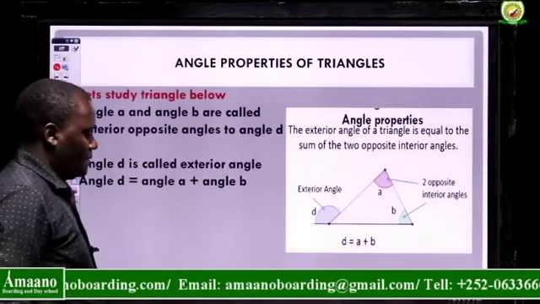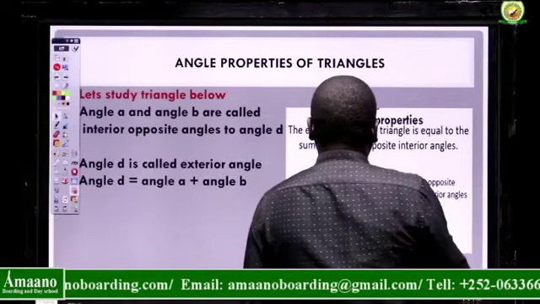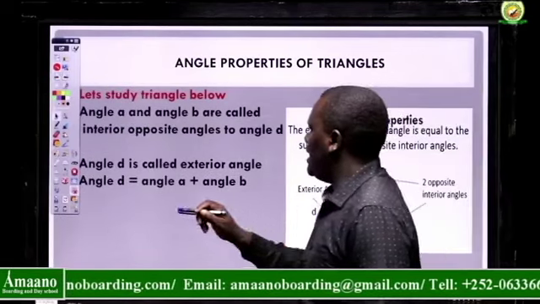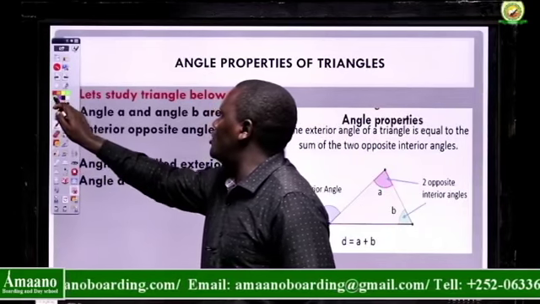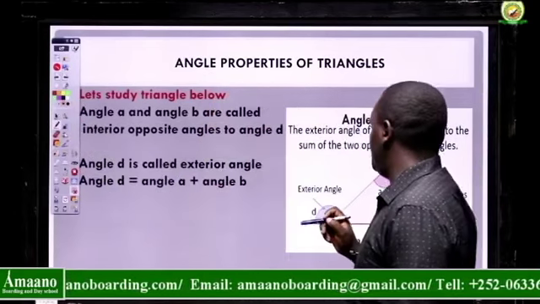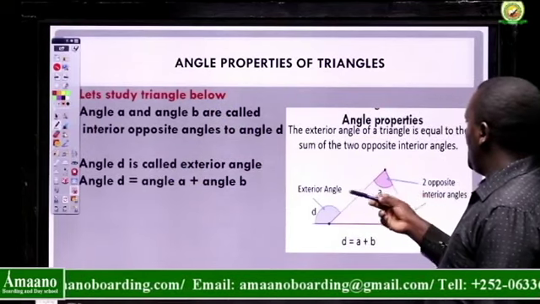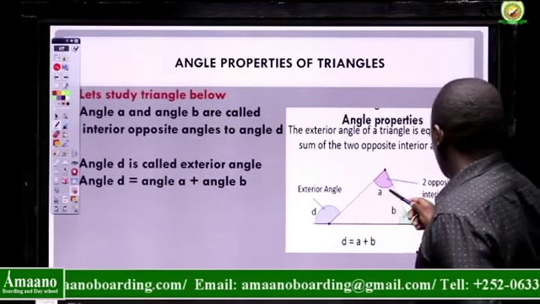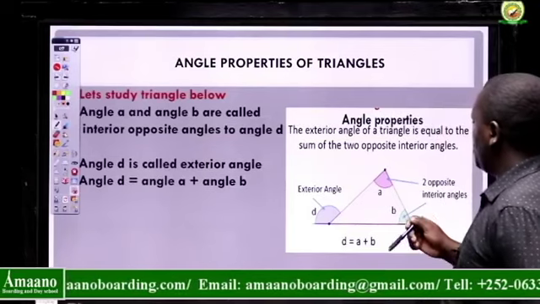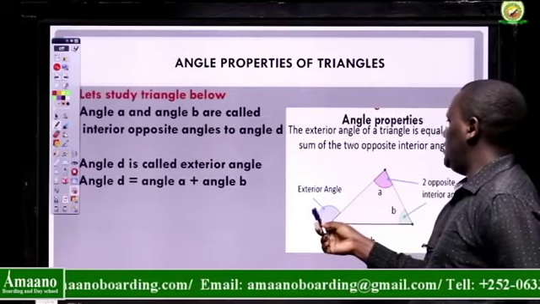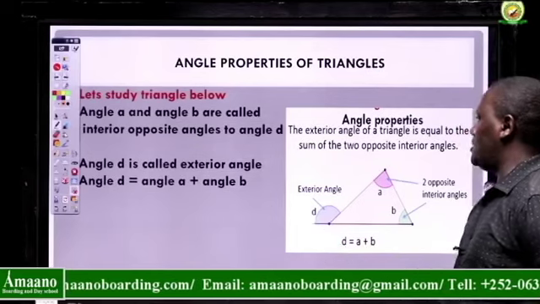Very nice. I have this triangle here, and in this triangle we are going to study the angle properties of that triangle. We have angle D, A, B, and these are the opposites. So this angle D is an exterior angle.